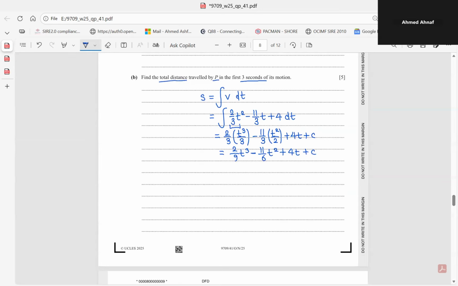So you substitute that, you'll just get that c is equal to 0. Therefore, S is just 2 over 9 t cubed minus 11 over 6 t squared plus 4t.